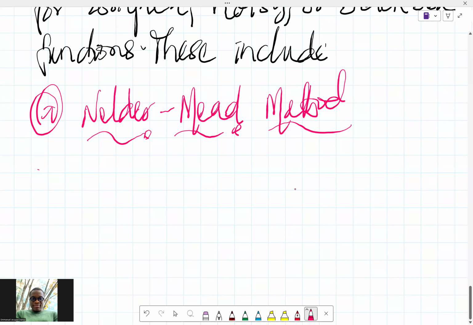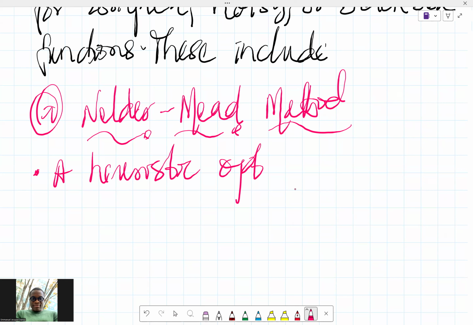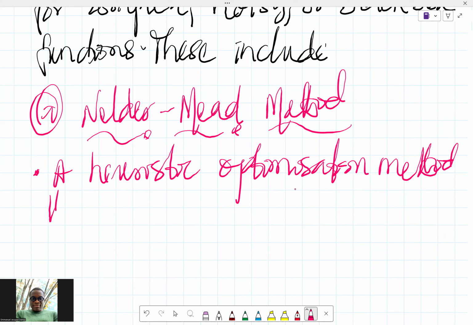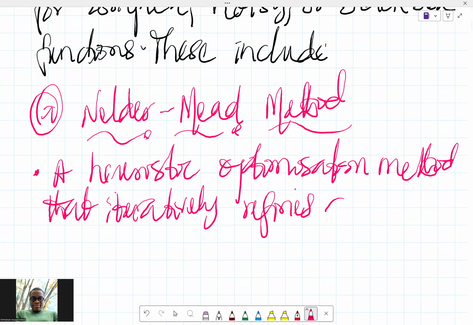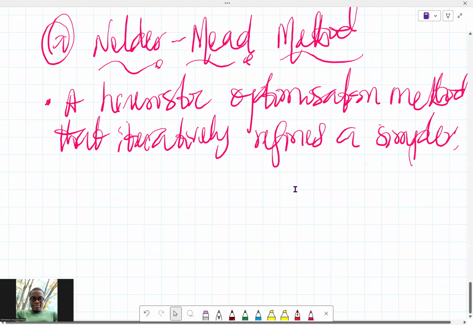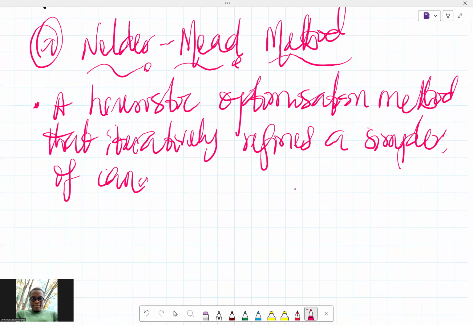The Nelder-Mead method is a heuristic optimization method that iteratively refines a simplex of candidate solutions.